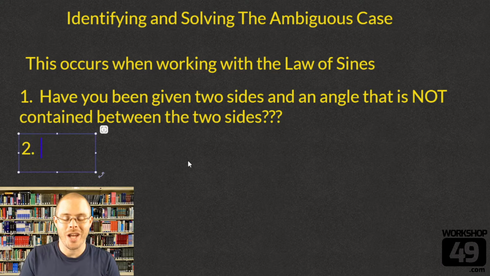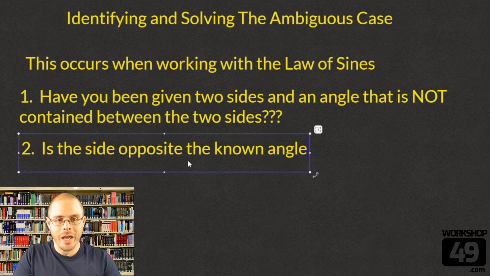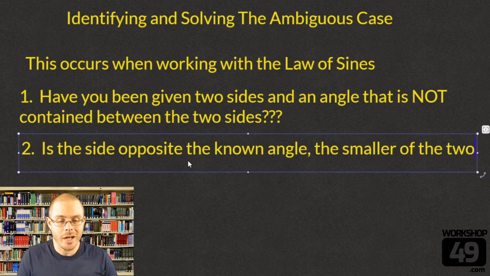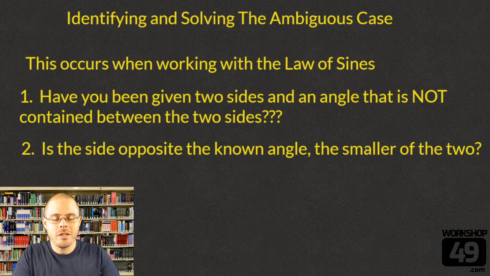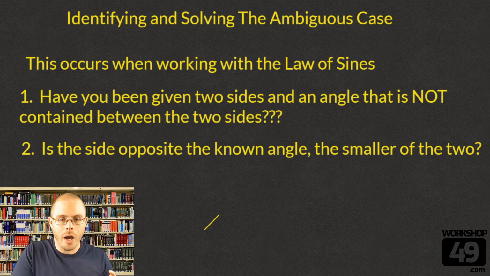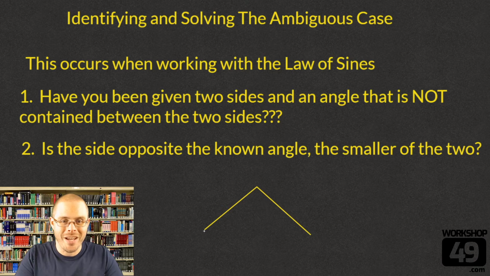Second item on the checklist is the side that is opposite the known angle, the angle that you just got in checklist part 1. So you have two sides. The smaller side needs to be across from the known angle. If both of these give you a check mark, we're now looking at a situation that has 0, 1, or 2 answers. Now let's check this out on some example triangles here.